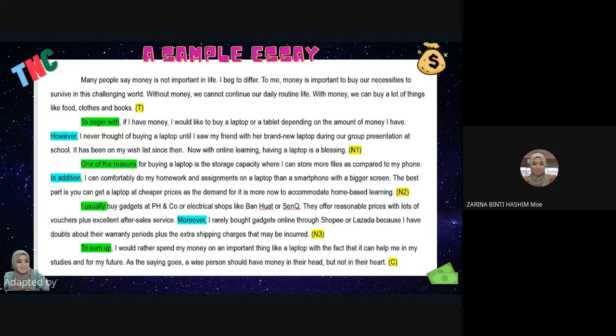Okay, for part 2, what do T and C stand for? T stands for what? Title or topic. Okay, title or topic will do. N stands for notes. Why do I write notes there? Because the teacher actually mentioned notes in the question.